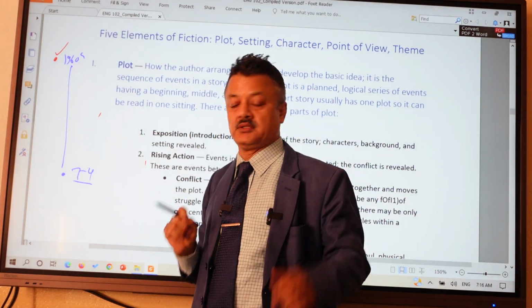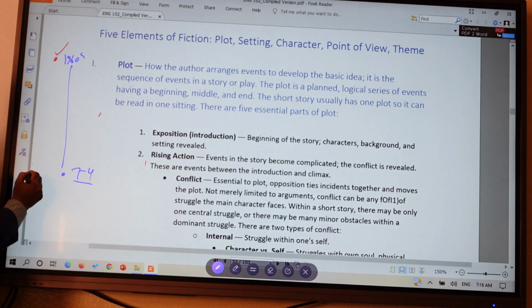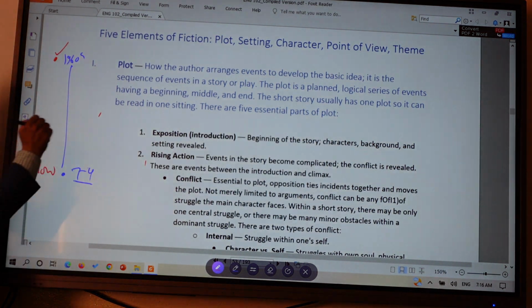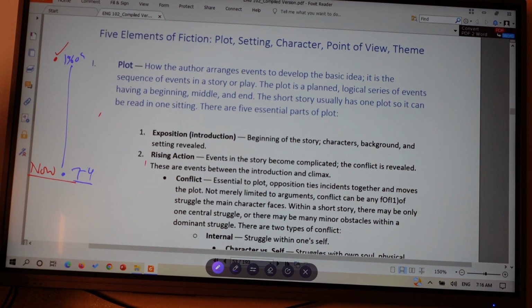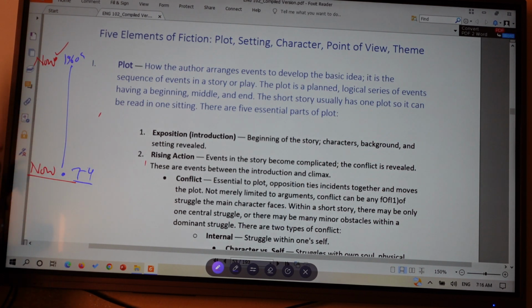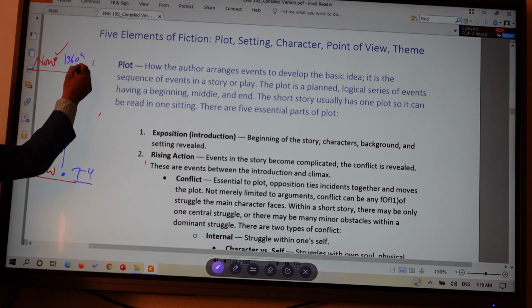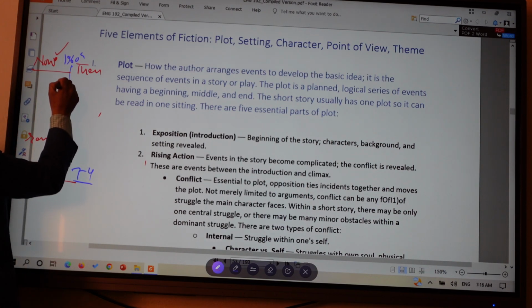So what do you see? The present, the now in the story is here. In the story, the now is here, right? But as you read, the now is here also, because this is where the story begins. Actually, this now is then. And from this now, from the present, he is remembering this past.